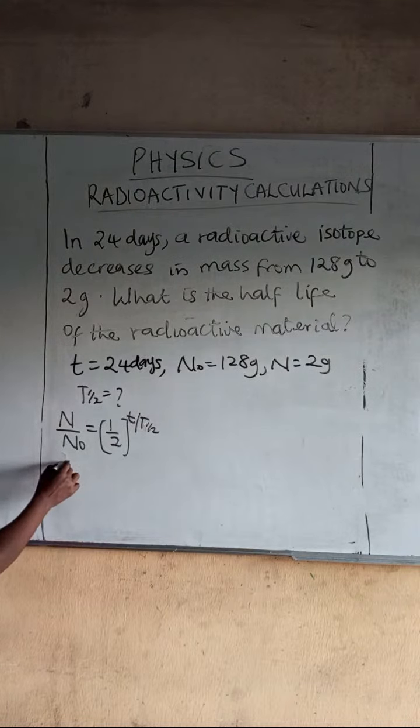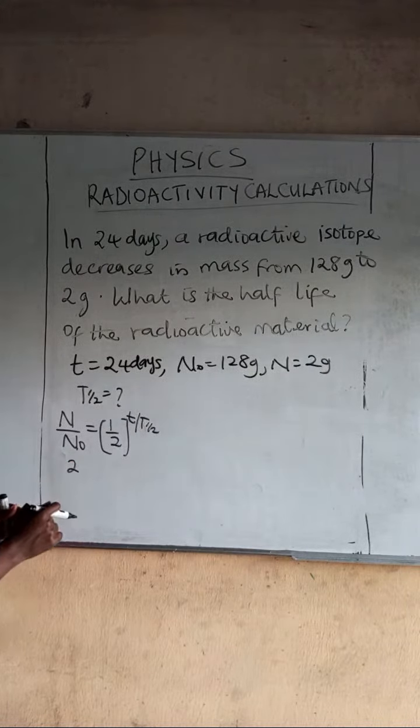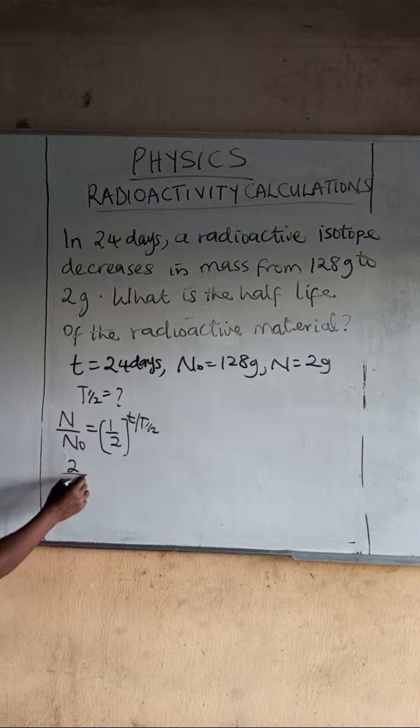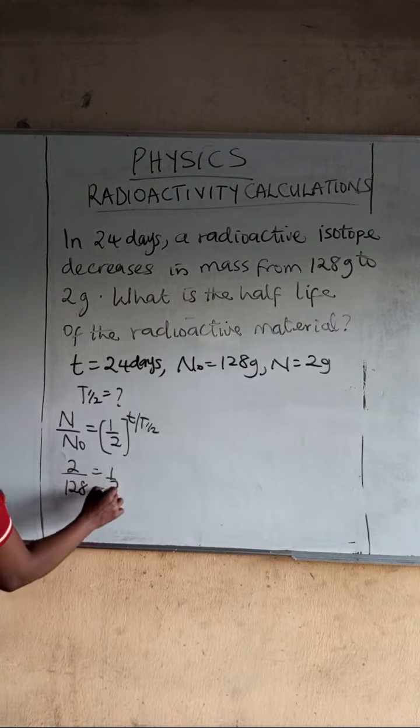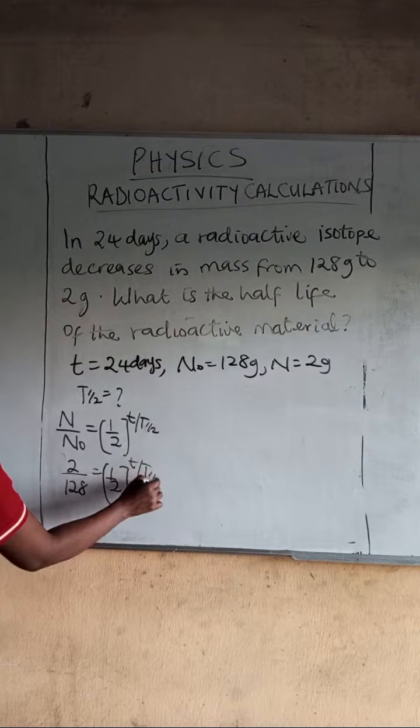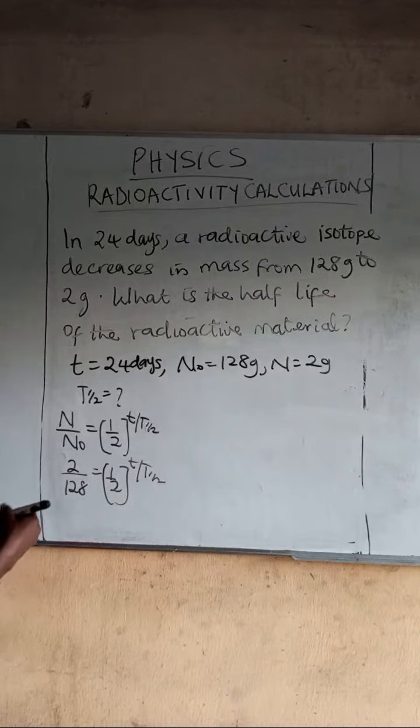My N is 8, right, divided by 128, is equal to half bracket T over T half, right?